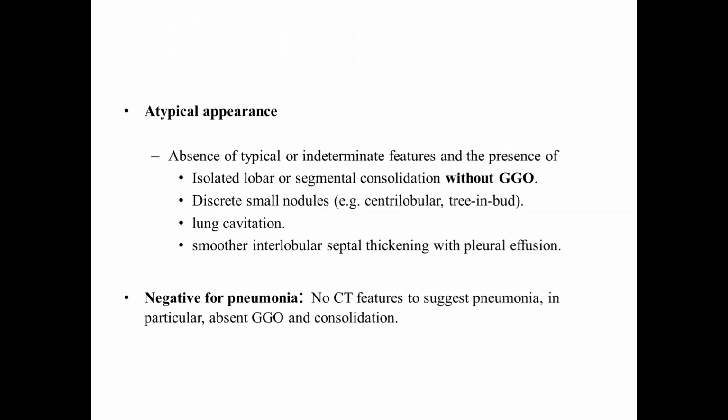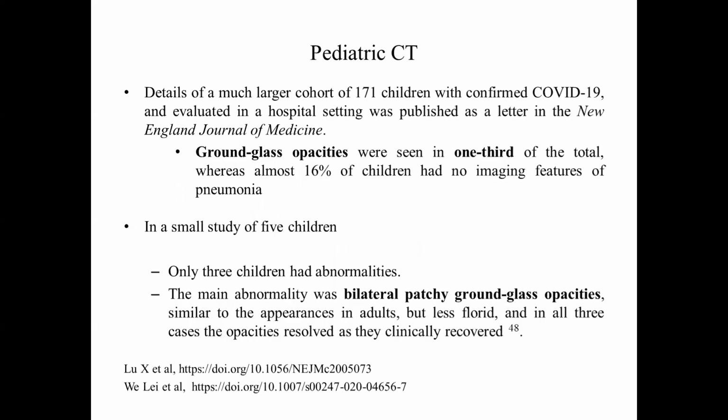Atypical appearance includes isolated lobar or segmental consolidation without GGO, discrete small nodules, lung cavitation, and smooth interlobular septal thickening with pleural effusion. Last is negative for pneumonia, that is no CT features to suggest pneumonia, in particular absent GGOs and consolidation.